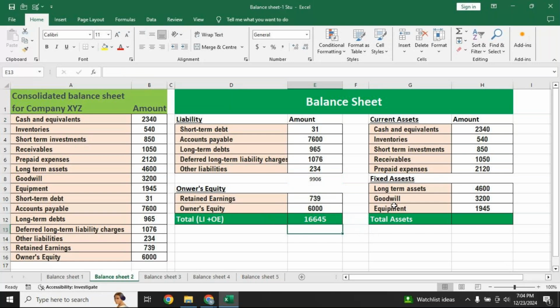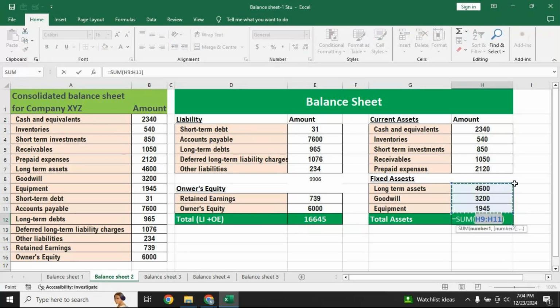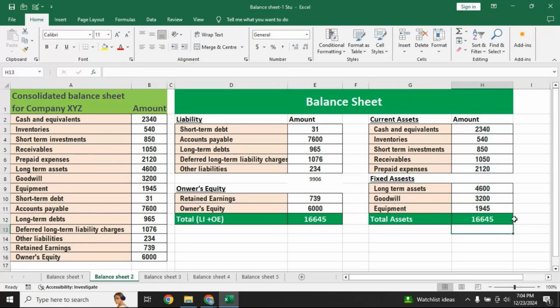So here it equals. Both sides the answer should be this.